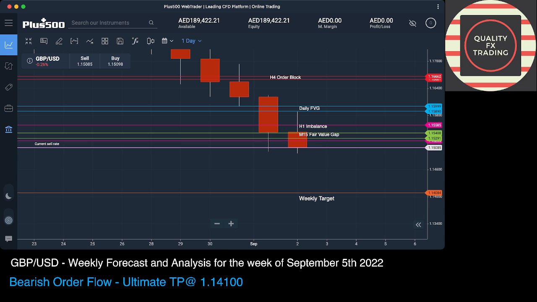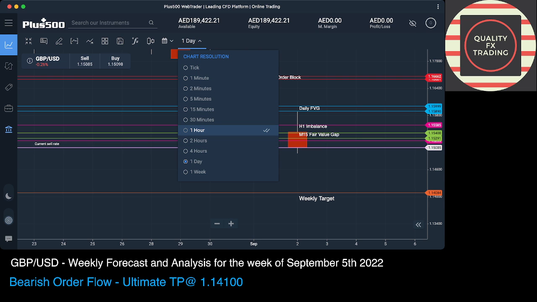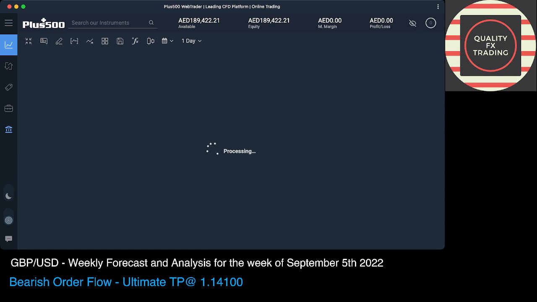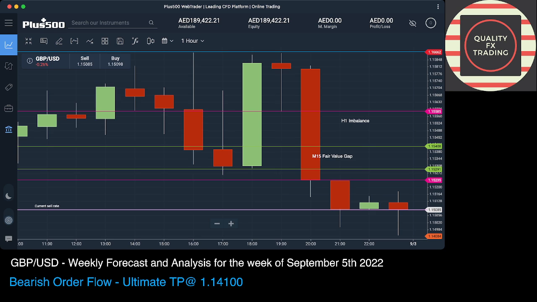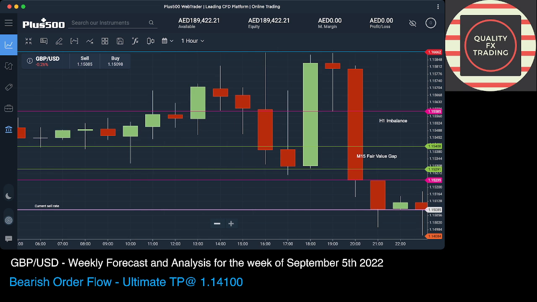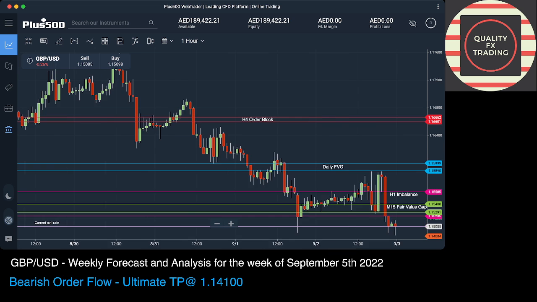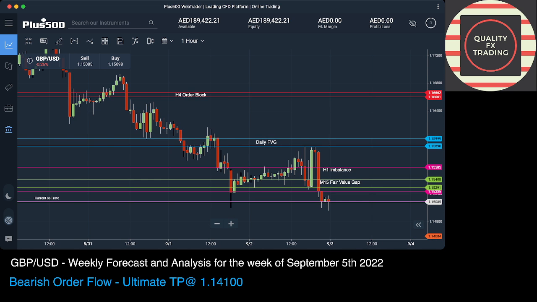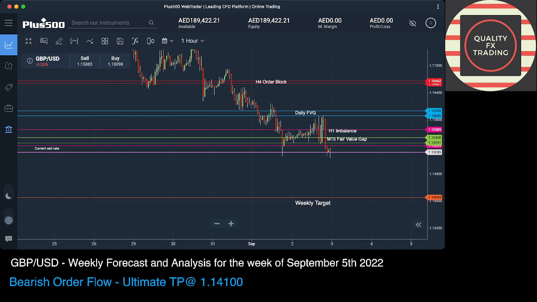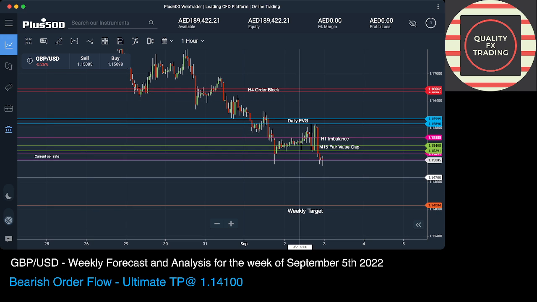But still, our scenarios for this week are going to be 2, and in both cases we want that weekly target to be hit. Either in the beginning of the week, I emphasize, either you can, let me just show you this H1 chart clearly, and I will tell you exactly what we are expecting.